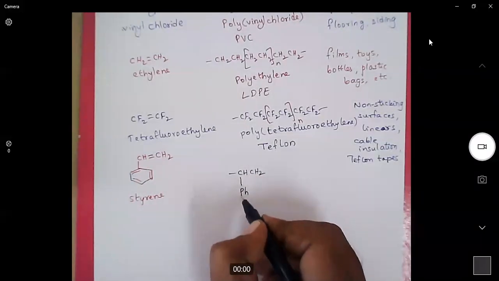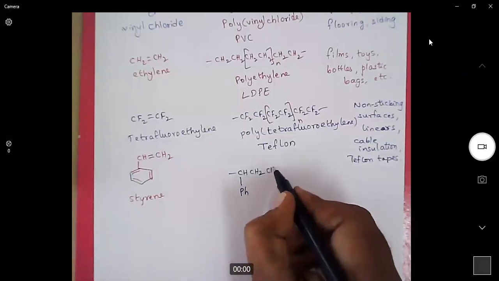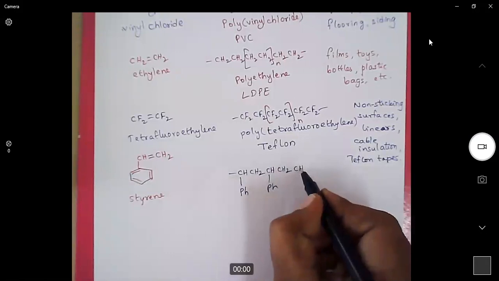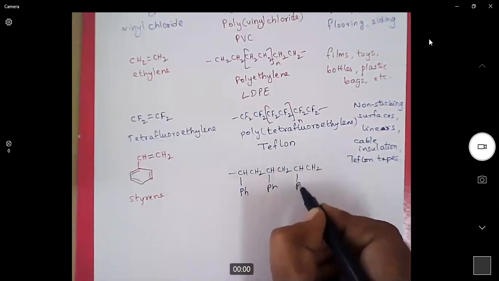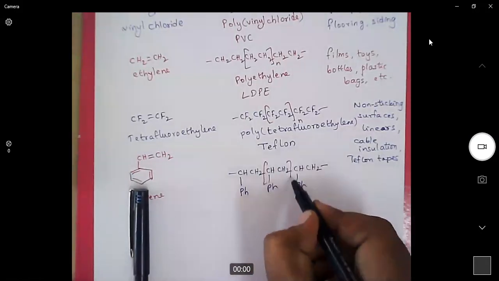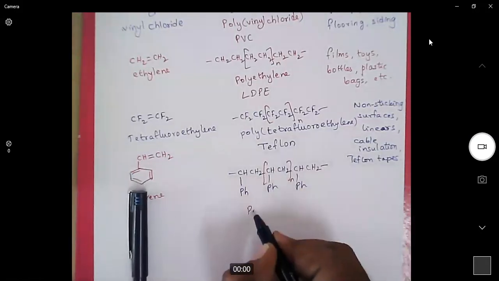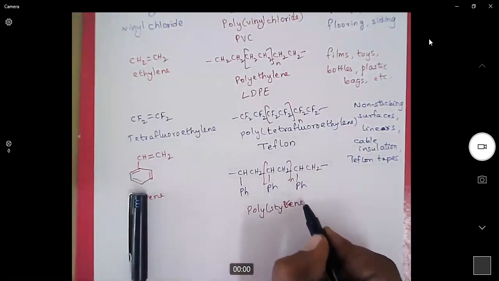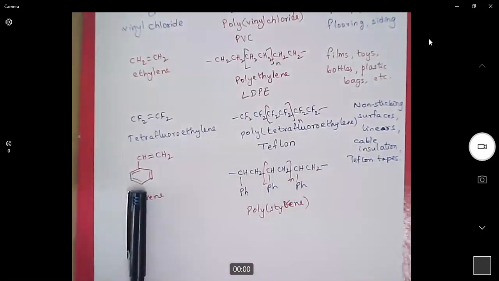For simplicity, I'm writing Ph. This is the monomer. This is called polystyrene.